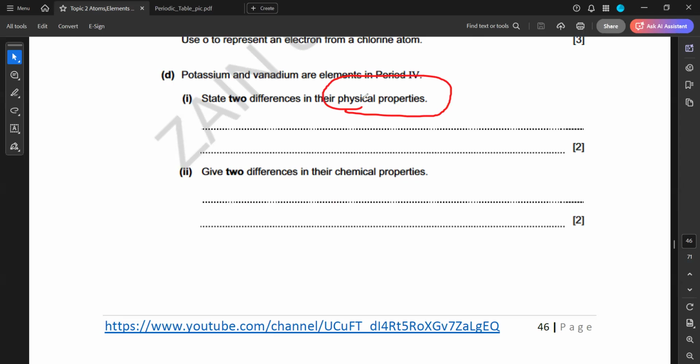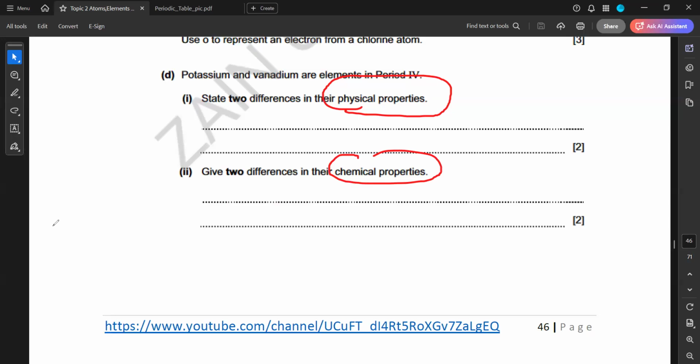These are physical. Chemical properties mean how they react. Transition elements can be catalysts, can speed up a reaction. Group 1 cannot be used as a catalyst. Transition elements form colored compounds. Group 1 does not form colored compounds. Transition elements show variable oxidation numbers or charges, but group 1 have only a single oxidation number.